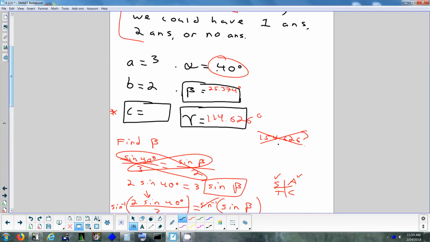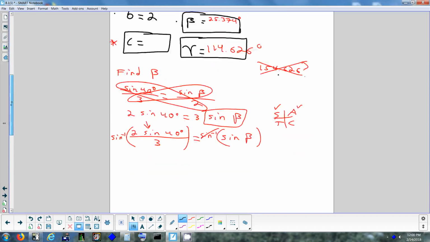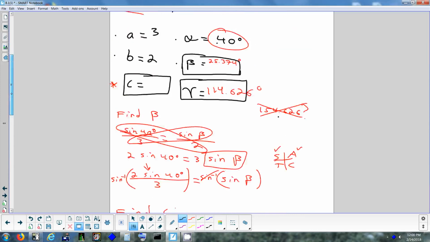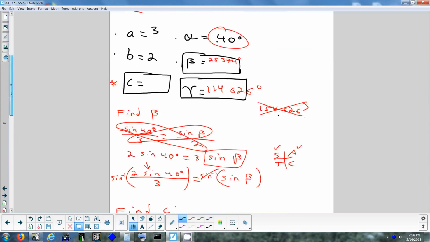Okay. Now that I know gamma, what else can I find? C. Now I can get C. I have two choices about what row to use. I definitely have to use row 3. But should I use row A or B? A. Let's use A. How would I set up the left-hand side if I'm using row A?